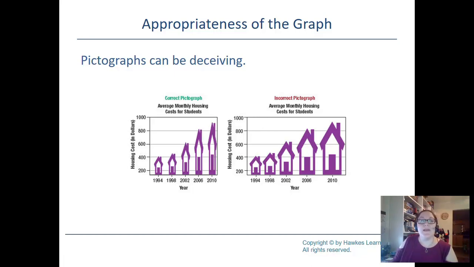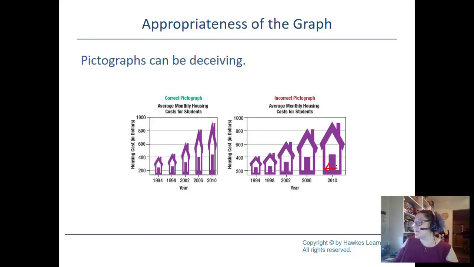If you look at the left-hand side versus the right-hand side, what is wrong between the two? This one is the correct way and this one's the incorrect way. The reason I say this one's incorrect is it makes 2010 look way bigger than it actually is.